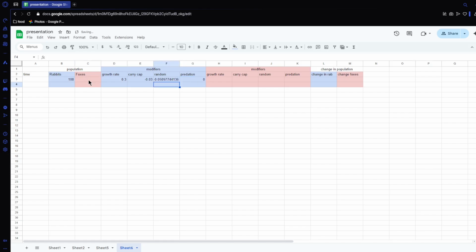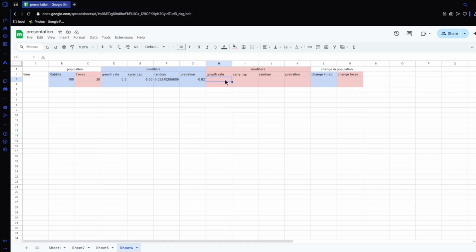So I'd have to multiply it by foxes. And let's say that we only start with 20. So we start with 100 rabbits, we start with 20 foxes, and this is what modifies the rabbits. Again, predation for rabbits is negative. We are losing rabbits, but we are gaining foxes.